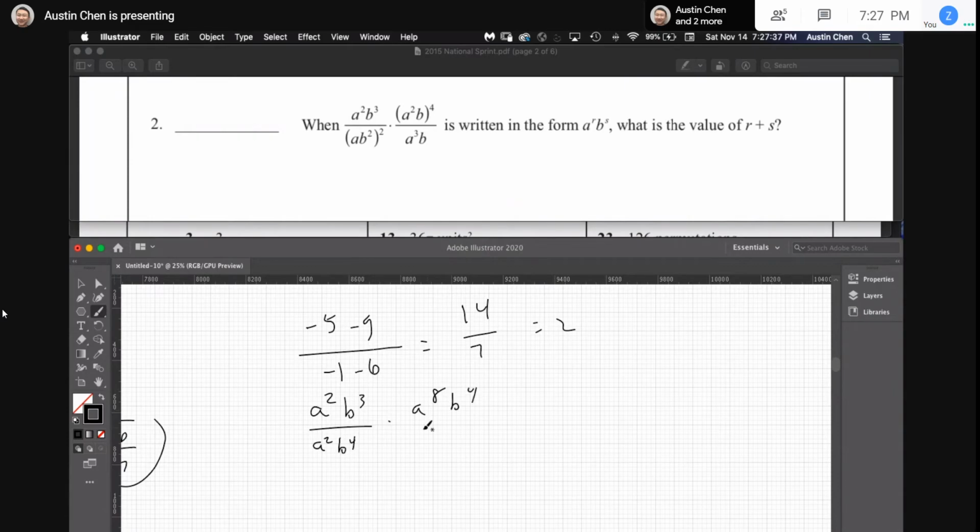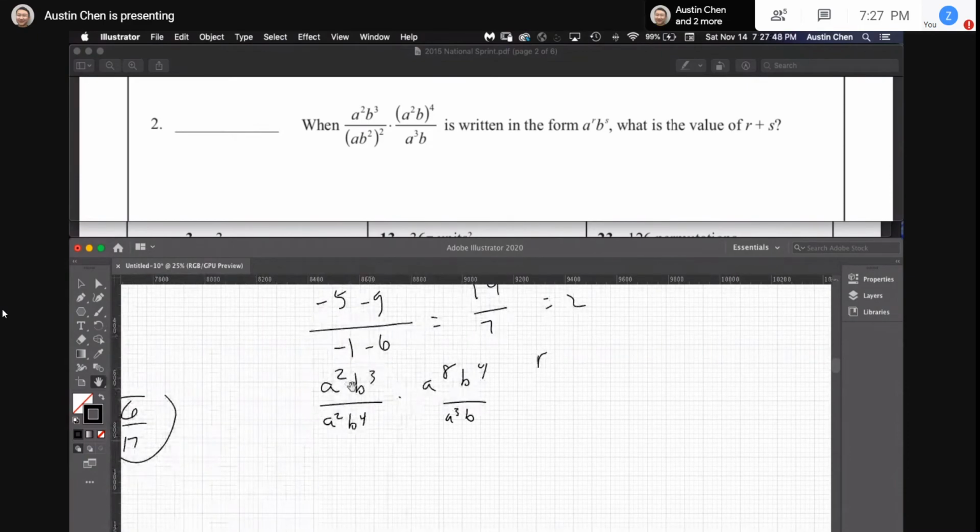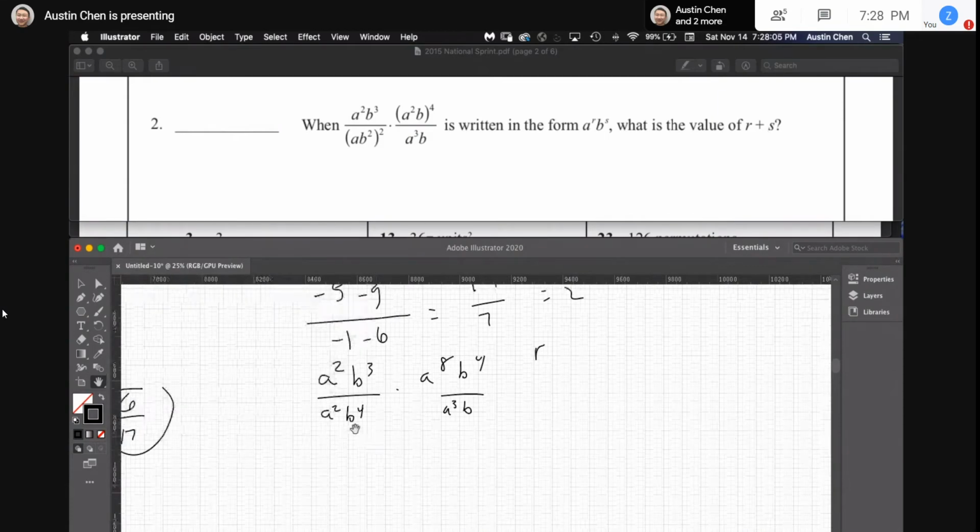Okay. To save a little bit of time, we can just add all of these exponents and subtract all of these exponents. R is going to be those two minus these two, and S is going to be those two minus those two. We want to find R plus S, so we can just add up all those and subtract all those. Our 2's cancel, our 4's cancel, our 3's cancel. We have 8 minus 1, which is 7.